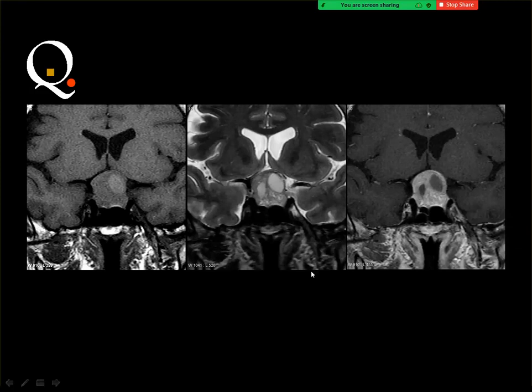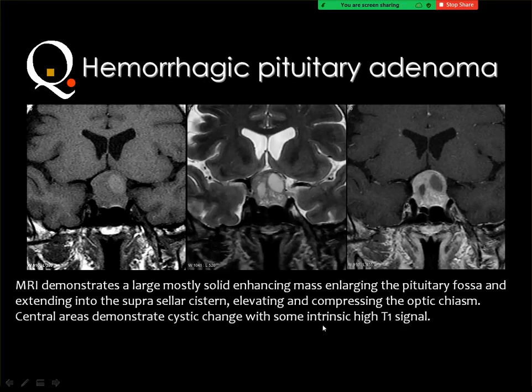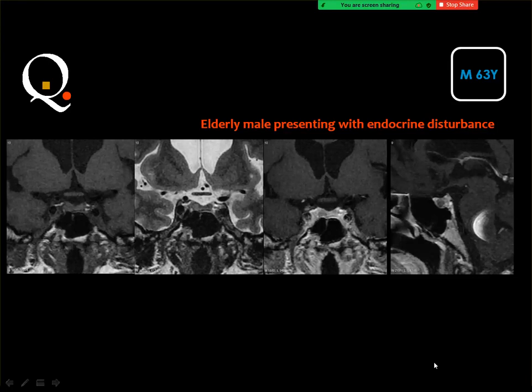This is a pituitary hemorrhage. Bright signal in the T1, bright signal in the T2, no post-contrast enhancement, and this is hemorrhage inside the pituitary adenoma. You may say pituitary apoplexy, you may say hemorrhagic pituitary adenoma, all can fit for the diagnosis.